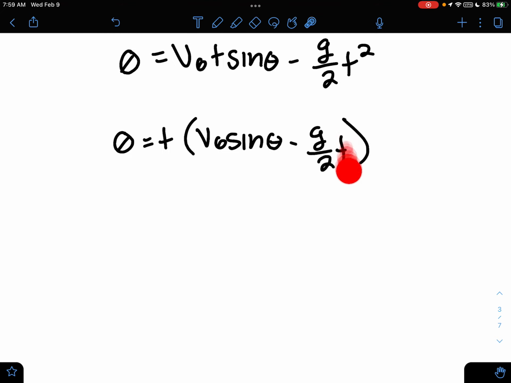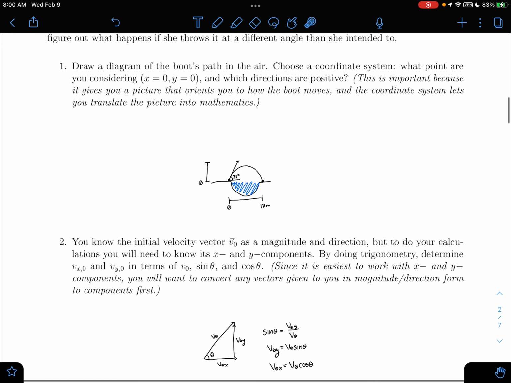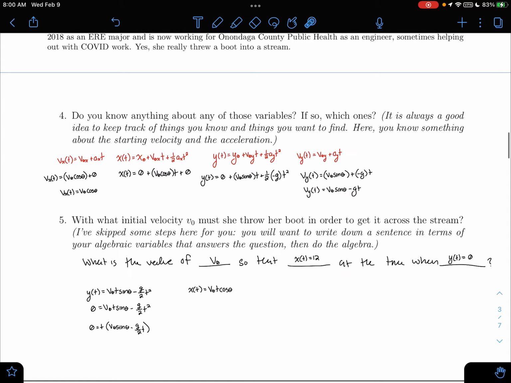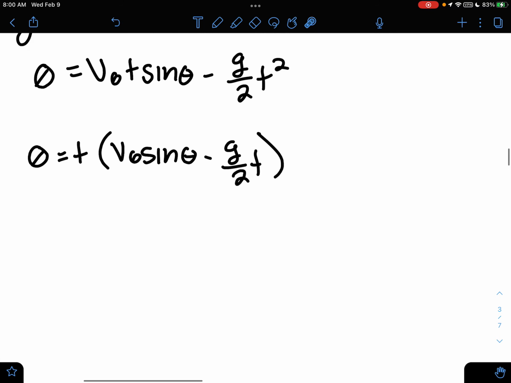We're going to get two answers for t: t equals 0 and t equals something else. And we know that our y is going to be 0 when t equals 0 because we said that was going to be true. We said that our initial y, when time is 0, y naught is 0. So that makes sense, a quick sanity check on that.